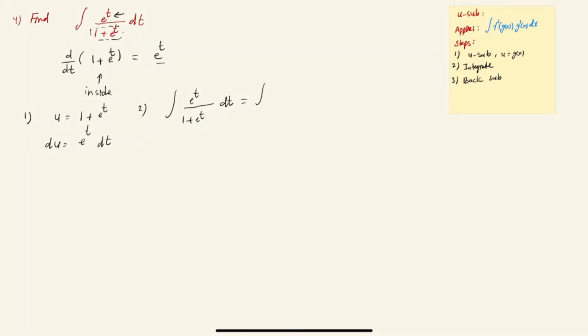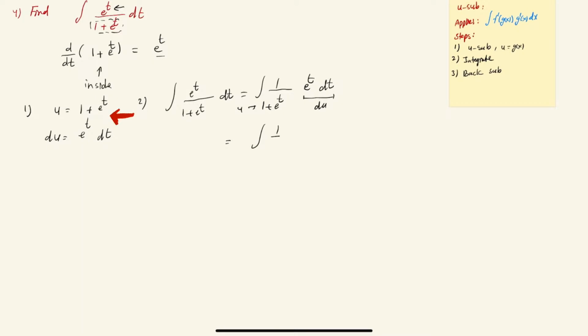It's going to be the integral of 1 over the bottom, and then e to the t dt. Notice e to the t dt is actually just du. Then 1 plus e to the t is u from step number 1. Therefore, this is going to be equal to the integral of 1 over u du.